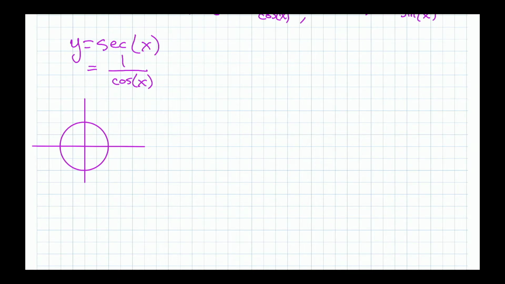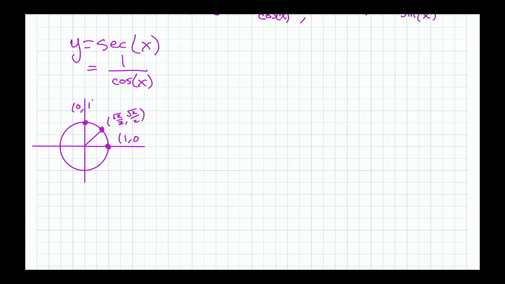So let's say that that's a unit circle. As you go around the unit circle, you're going to be here, that's 1, 0. A little bit later, you're going to be here, root 2 over 2, root 2 over 2. A little later, you're going to be here.